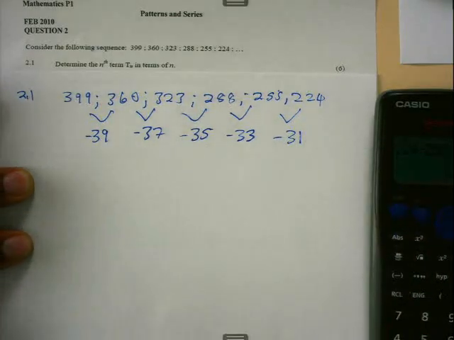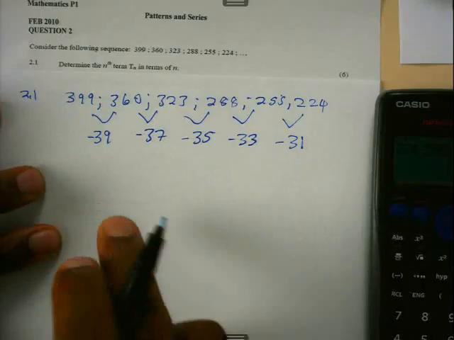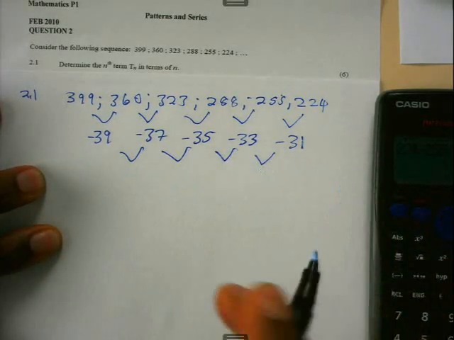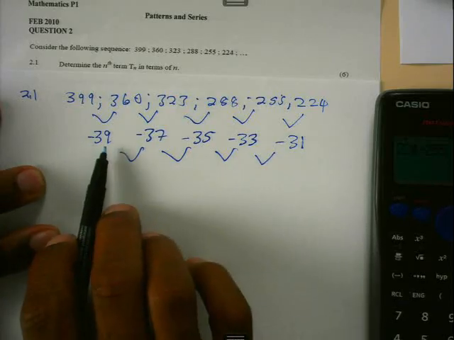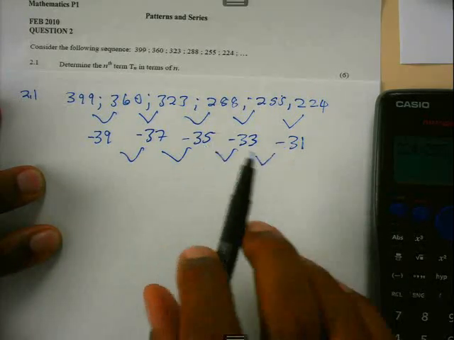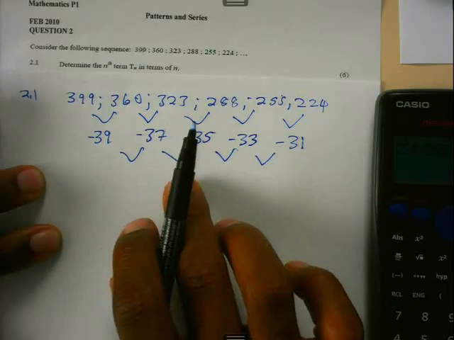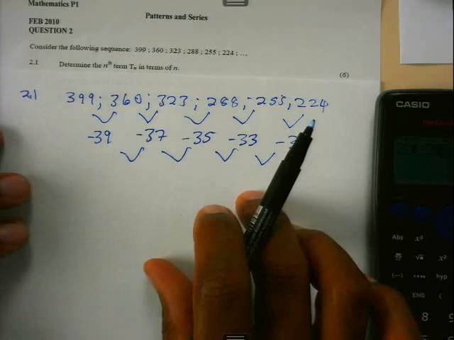You can see our first difference is decreasing. Since 39, 37, 35, 33 are not the same, the sequence is not arithmetic, not linear.